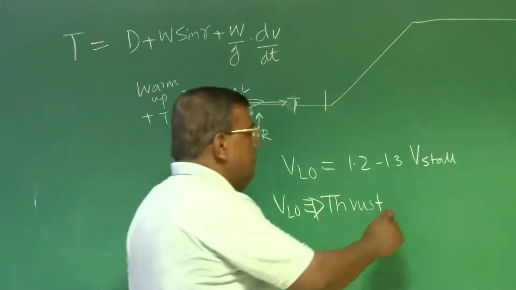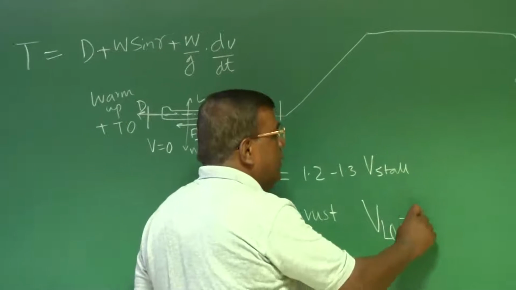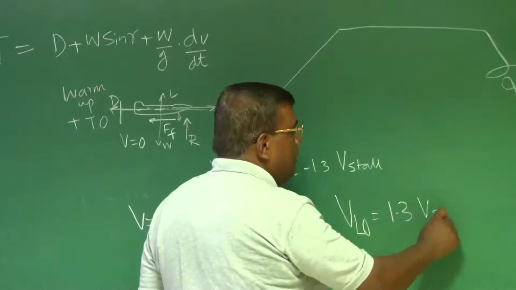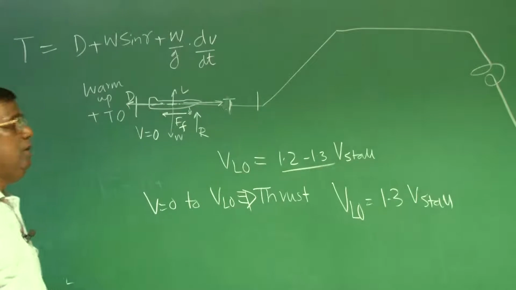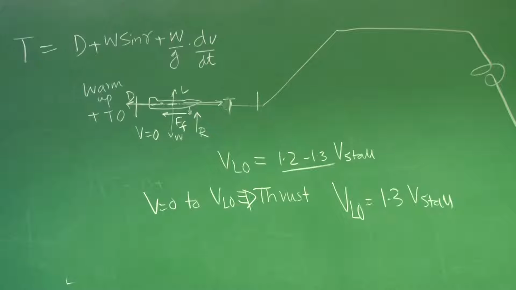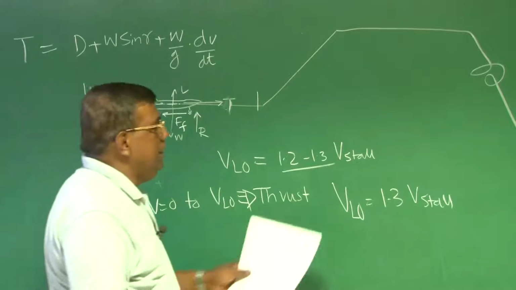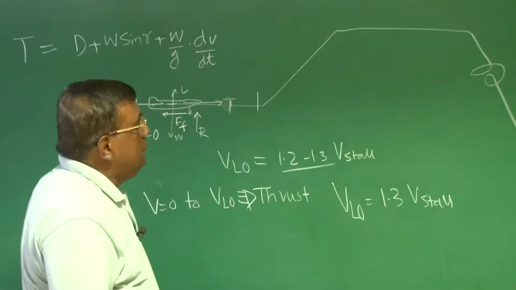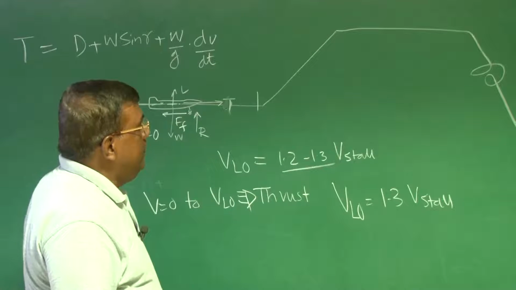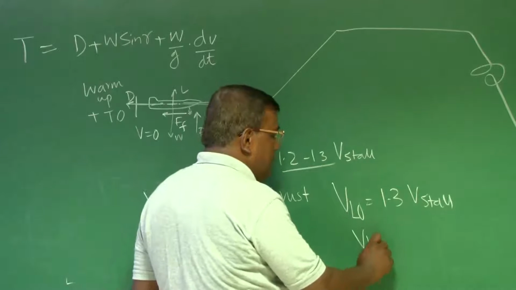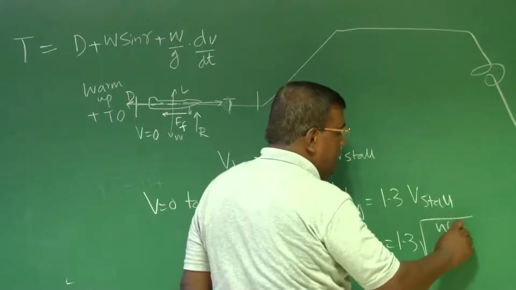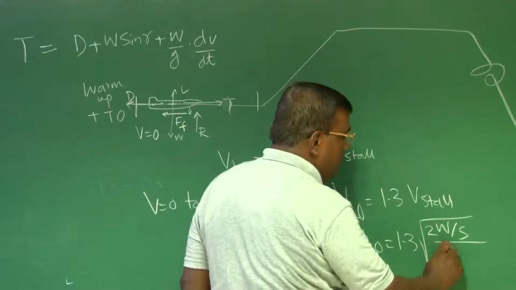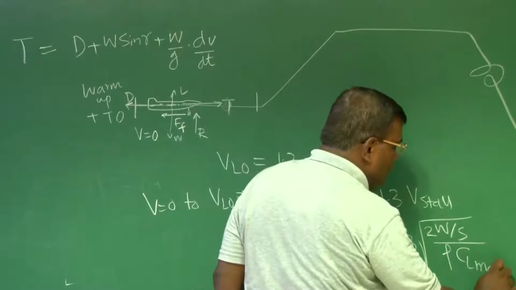Now, if I write V liftoff is equal to 1.3 times V stall, you will find between 1.2 and 1.3 times V stall is V liftoff based on different aviation regulations. So it doesn't matter for our understanding whether it's 1.3 or 1.2. The main point is V liftoff is, if 1.3 times V stall, that means 1.3 times the square root of (W by S) by (rho CL max).